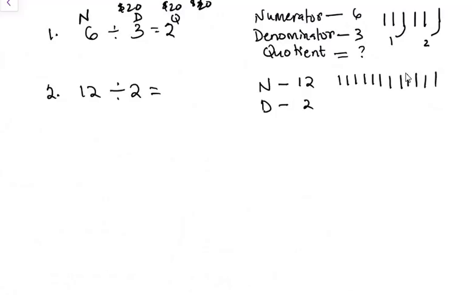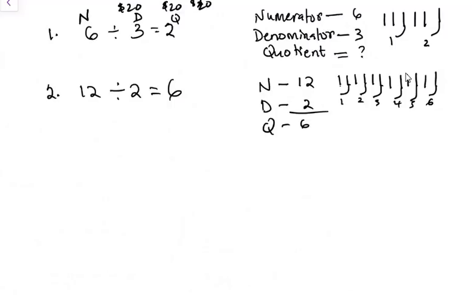Now the next question we ask is, how many times will 2 go in 12? So we have 1, 2, 1, 2, 1, 2, 1, 2, 1, 2. So it goes 1, 2, 3, 4, 5, 6. So our quotient will be 6.